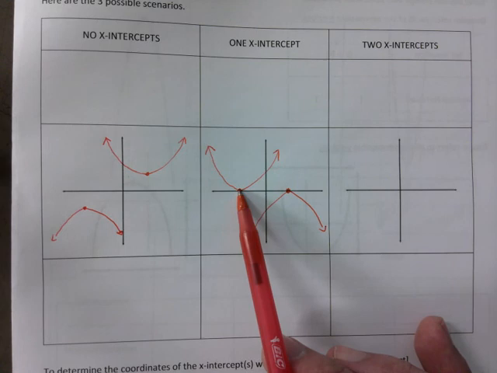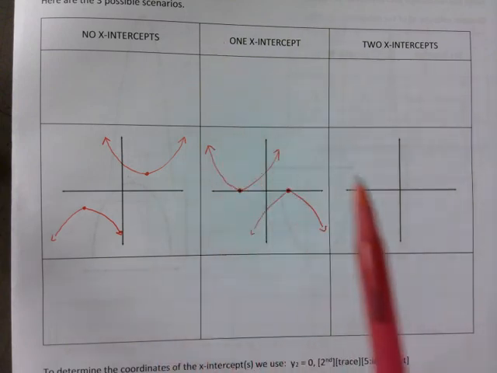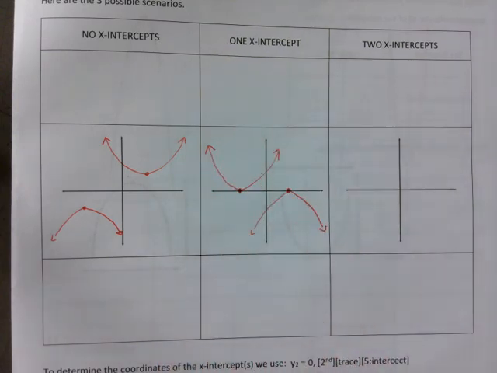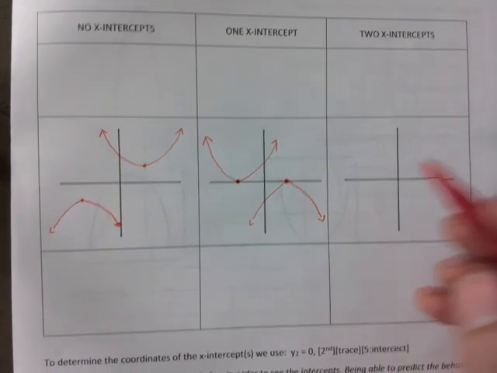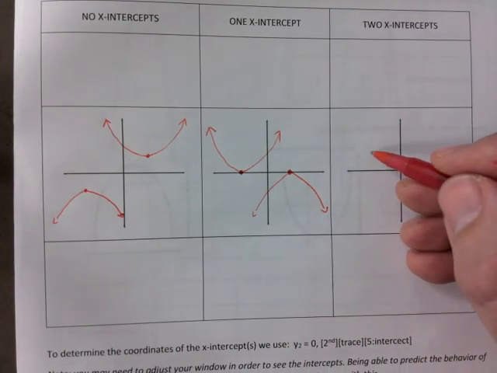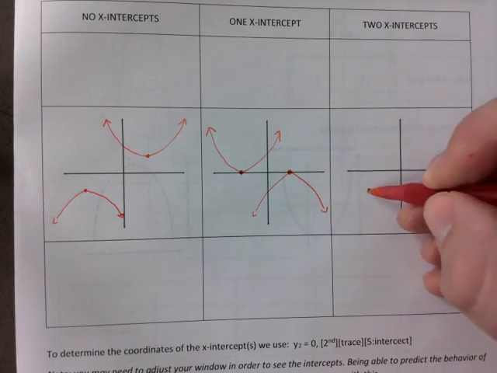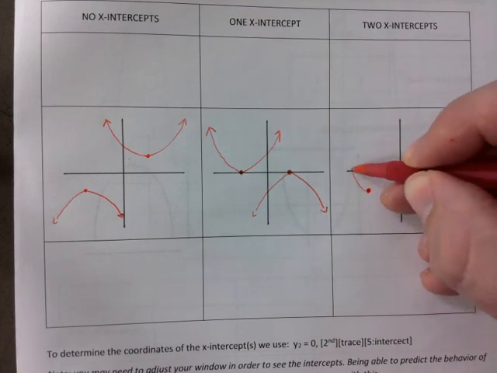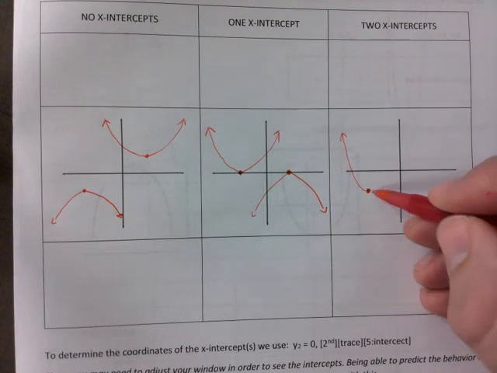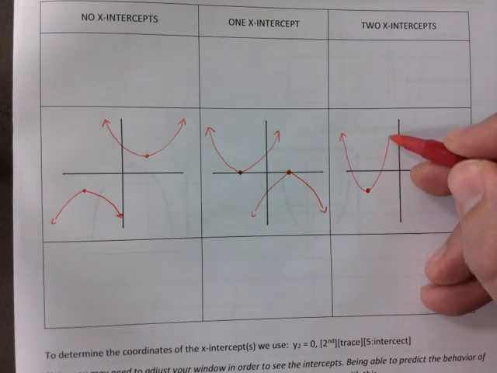What do we call those points in general if they're on the x-axis? They're called x-intercepts as well. So the vertex happens to also be the x-intercept. So they share that title. And then you have 2 x-intercepts. You have the case where you might have the vertex below and then it's going to be pointing upwards like this.